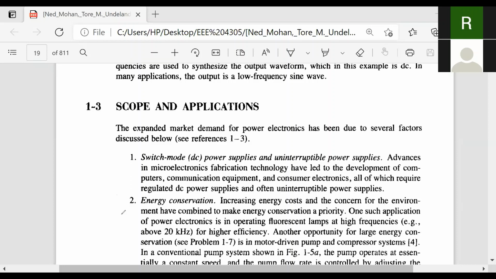Then the second thing is energy conservation. What is energy conservation? Any idea? Now look here. Nowadays people are using the tube light. Once upon a time people used magnetic ballast, with an inductive core, an inductive choke.